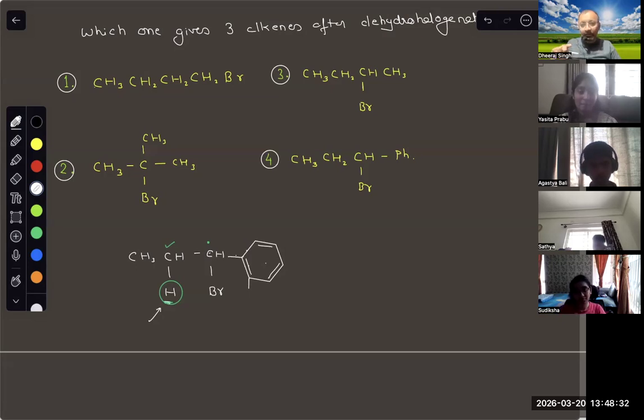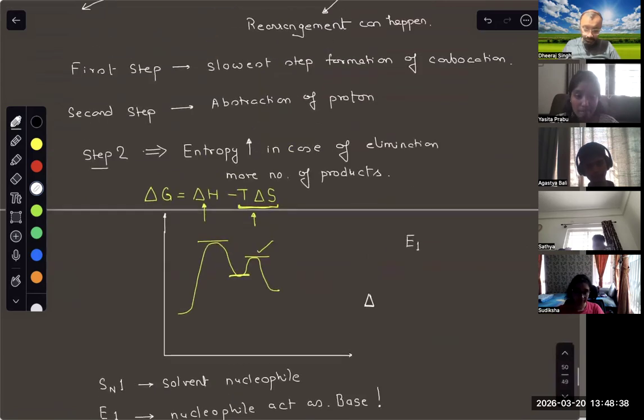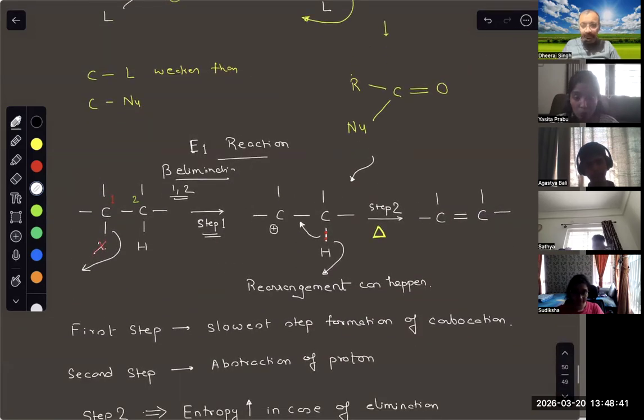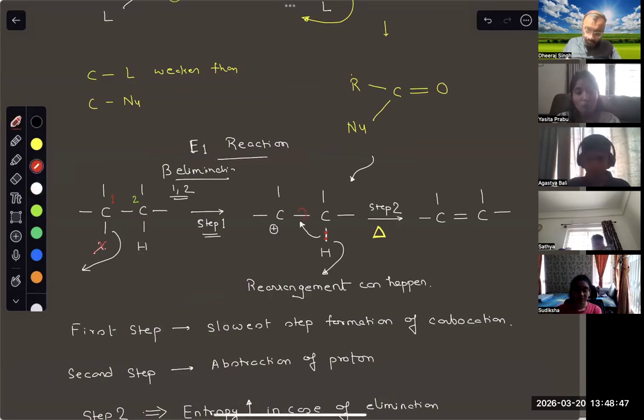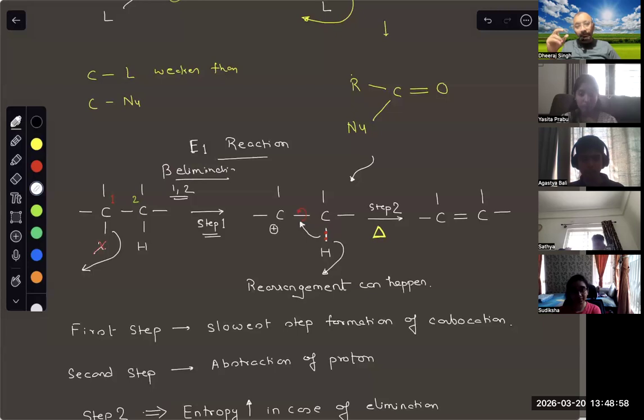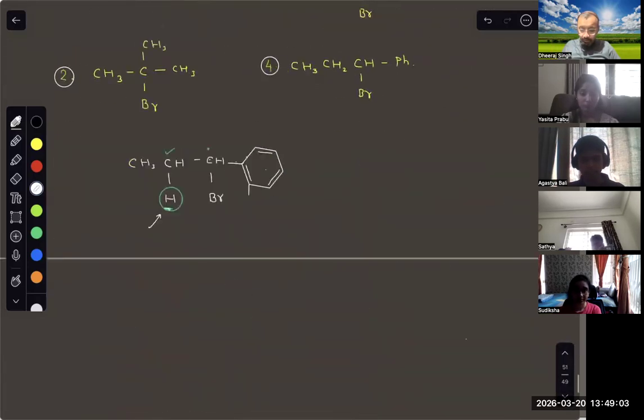In E1, both cis and trans can get created. Look at the intermediate. There is an intermediate, right? So this bond can rotate, and when it is rotated, cis can become trans, trans can become cis. So it can create both cis and trans. Are you getting it?